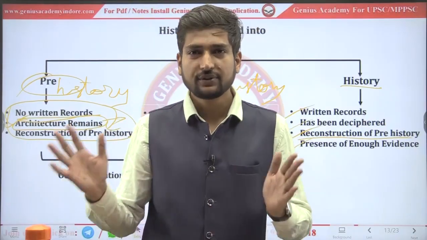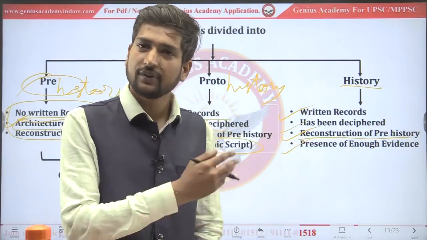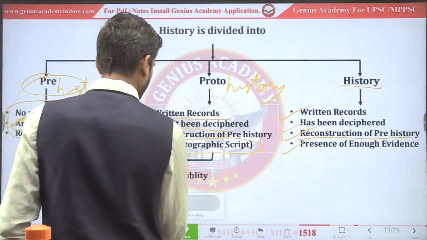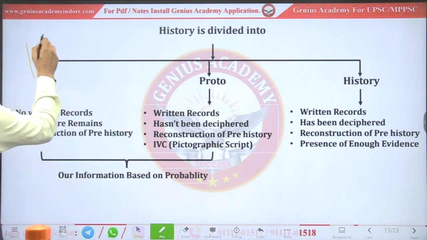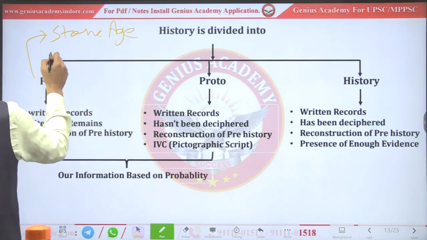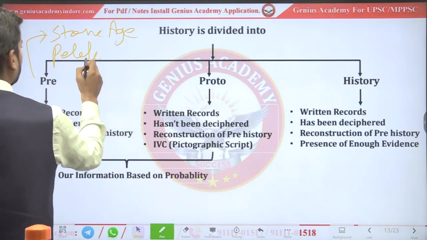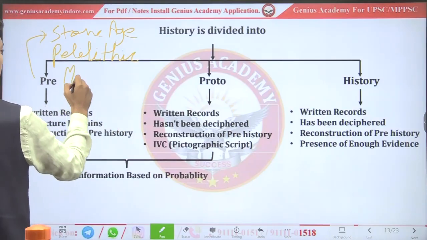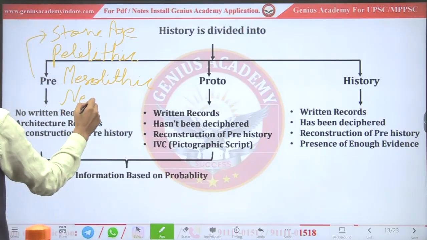So these are the different phases. And now we are going to take some examples of each phase. About prehistory, this is the Stone Age: Paleolithic, Mesolithic, and Neolithic.